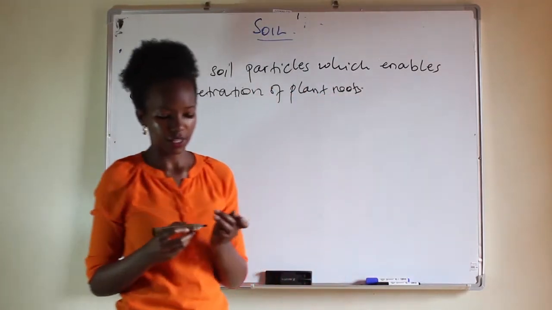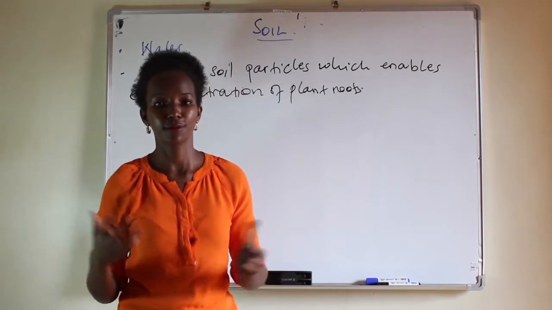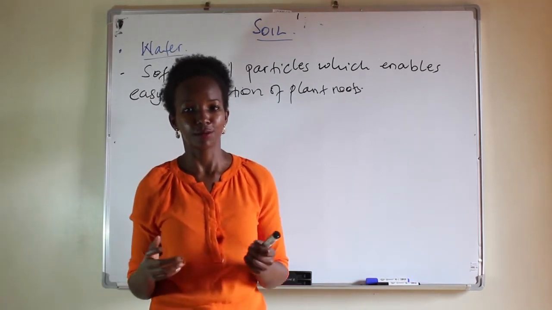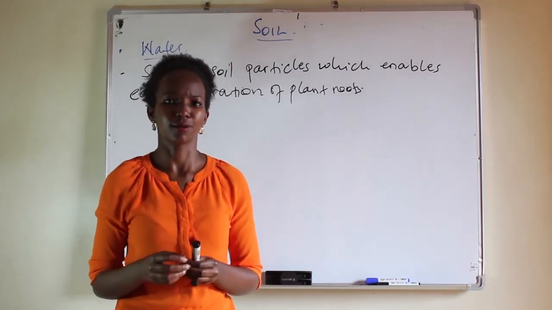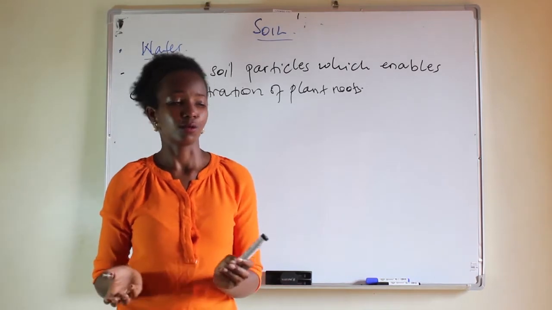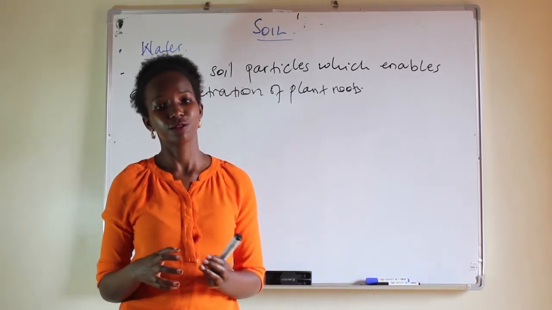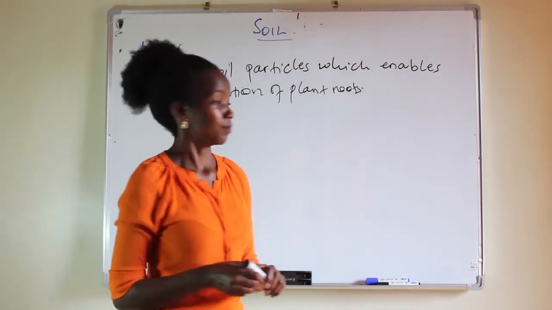Even the passage of the small organisms we talked about, like the earthworms. If the soil is as hard as desert soil, it's not that easy for them. But when it rains, or when the soil becomes softer, they easily find their way through the soil.